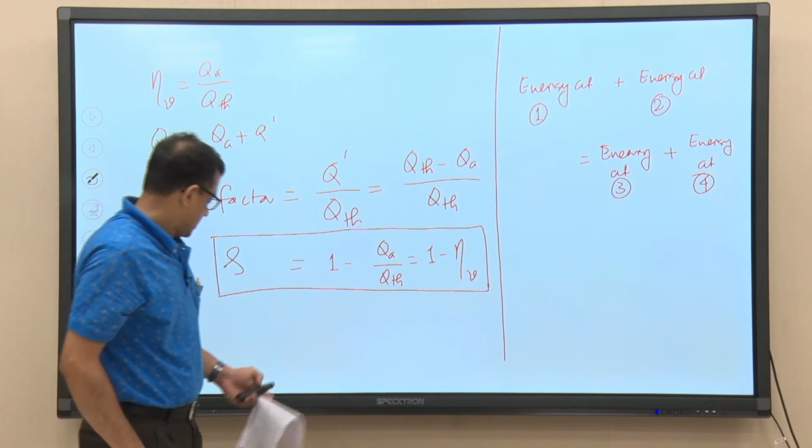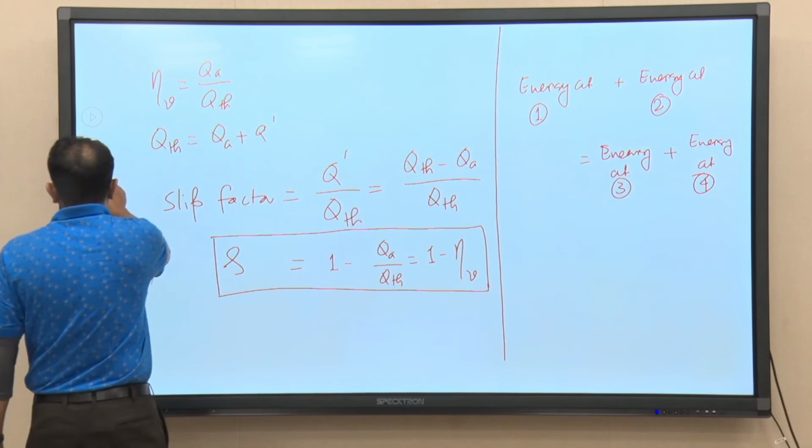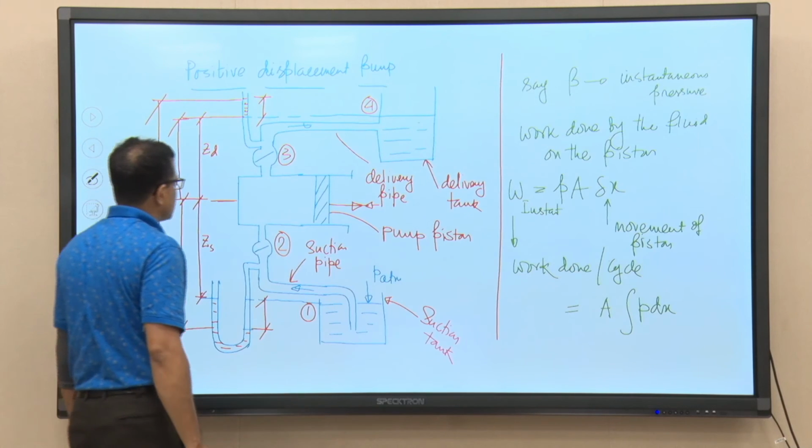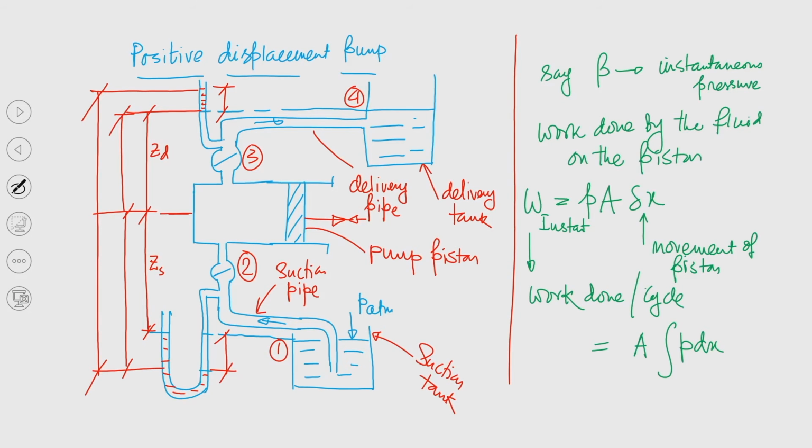Now, if we go back to the previous slide, between energy at 1 and energy at 2, only the frictional loss will be there. If we need to go for that, we need a separate analysis. If we try to calculate energy at point 1, we can.